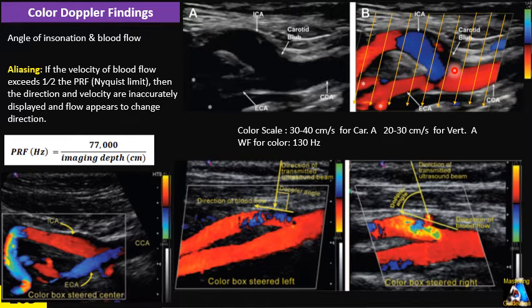Here, there is something that you have to know based on this concept, how you can interpret those findings. For example, at the beginning of the ICA, at the level of the bifurcation, most of the time we can see some not filling blood at this level.